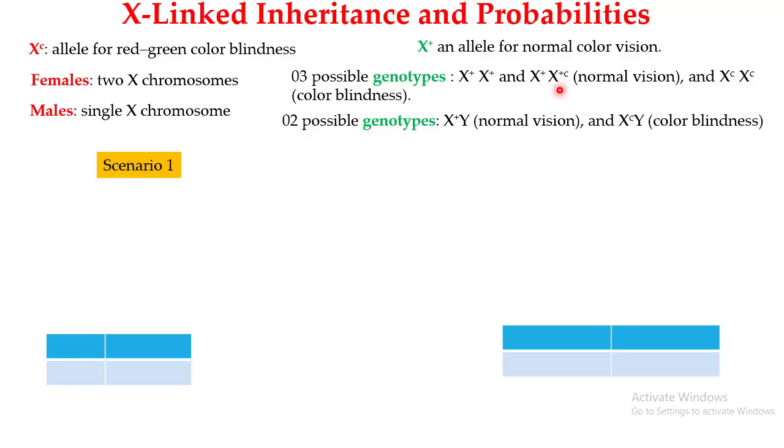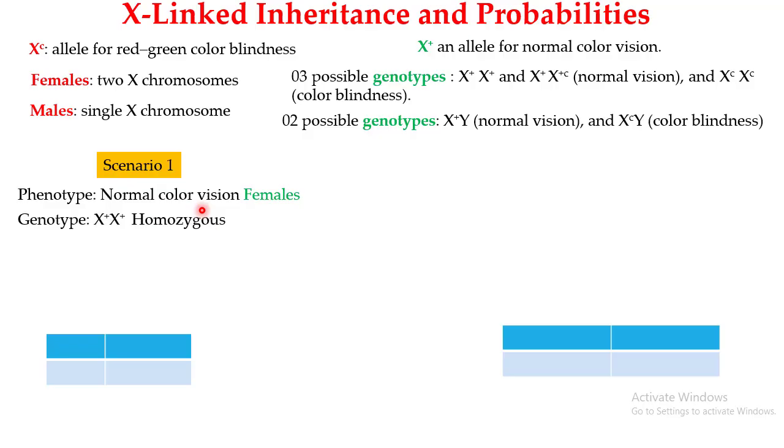Let us talk about different scenarios, taking different parents and mating them to see the probabilities in the offspring. Say, for example, in scenario number one, we take a female with normal color vision, the mother is normal, and she is normal in the homozygous condition. By that, I mean that the genotype is X plus, X plus. Both of the X chromosomes are carrying the normal allele for color vision.